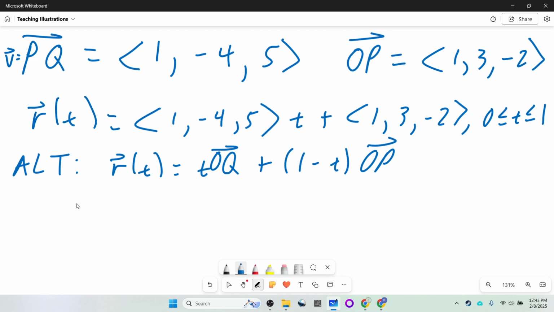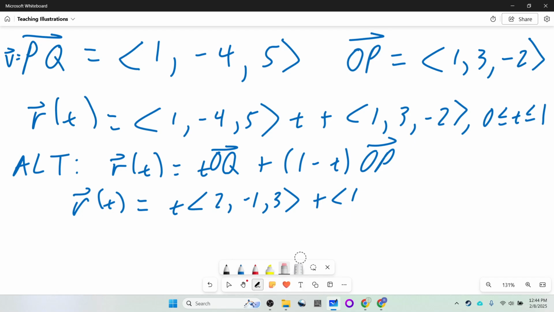So r(t) would be t times <2, -1, 3> plus (1 minus t) times... that should just be a scalar, 1 minus t. What's Q? <1, 3, -2>.